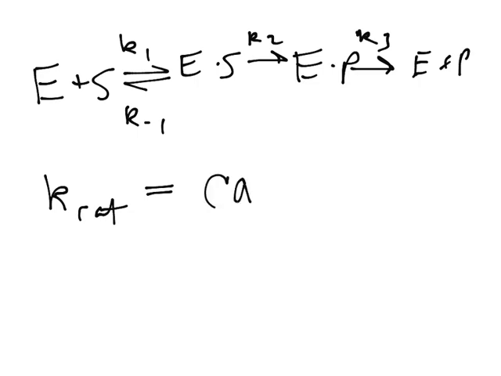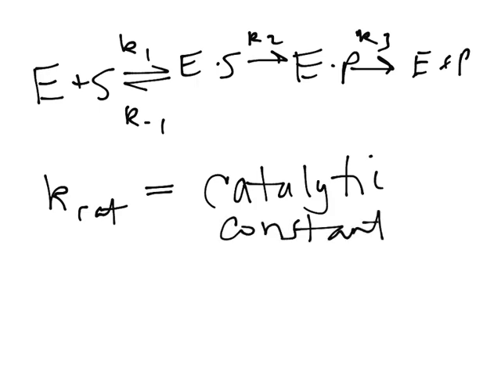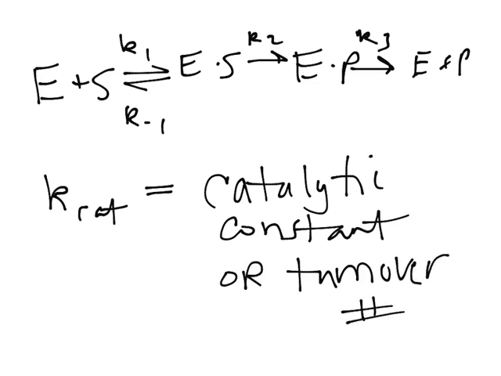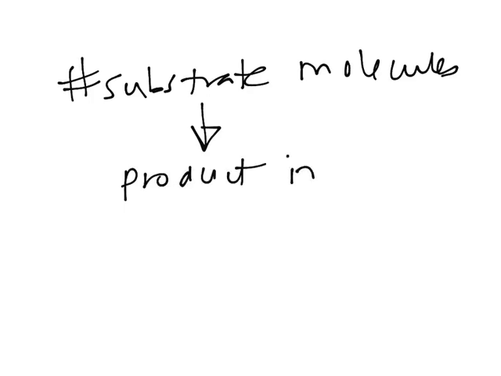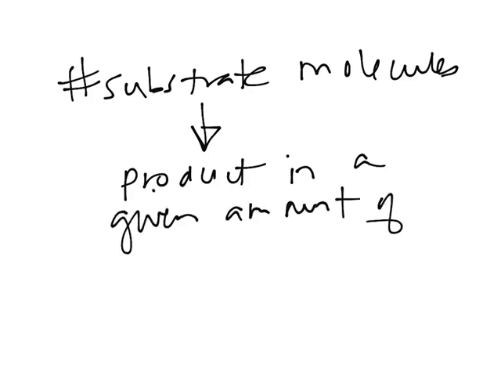We also call it the catalytic constant, and it's also called the turnover number. So it is the number of substrate molecules, so it's an actual number, converted to product in a given amount of time.